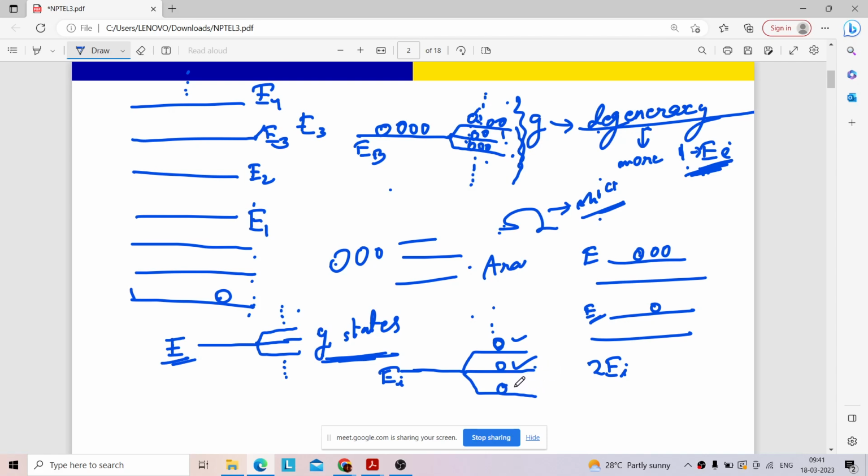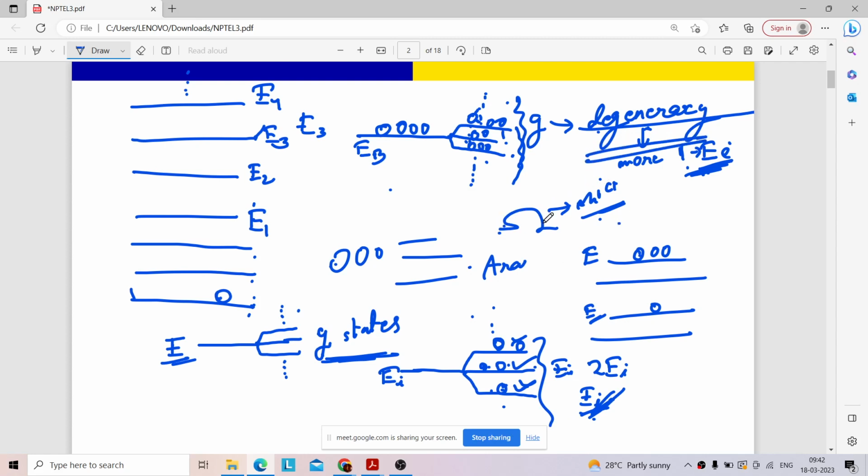A particle in this state will have energy Ei, and if I put it in this other state, it will have the same energy Ei. If I put the particle in any of the substates, they will have the same energy. This kind of state we call degeneracy.